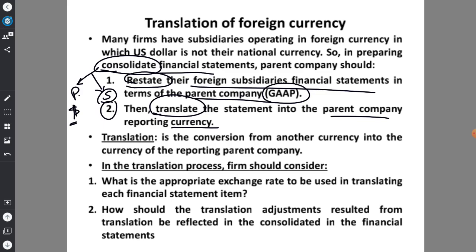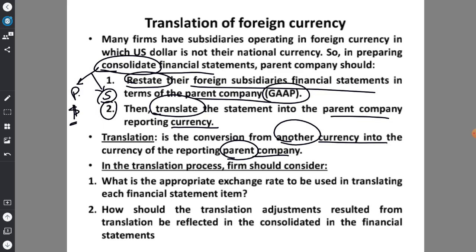The translation is the conversion from another currency into parent company reporting currency. يبقى دي عملية translation. هحول من الكرنسي بتاعت السبسيدريز أو other country currencies to the currency used in the parent company. لما أجي هعمل translation I should consider 2 important steps.